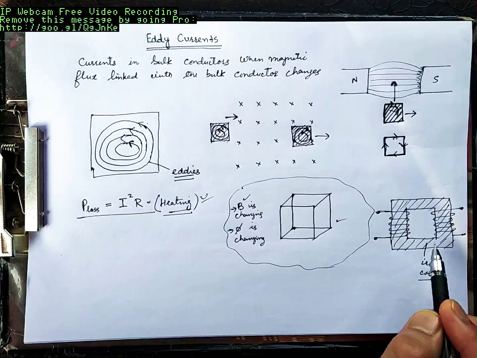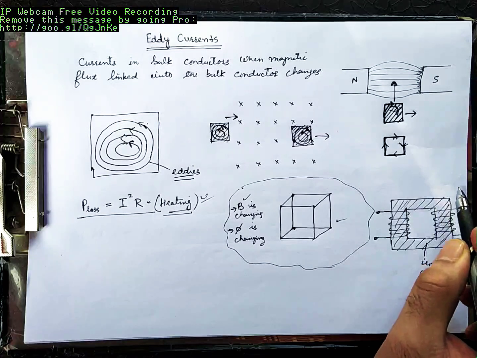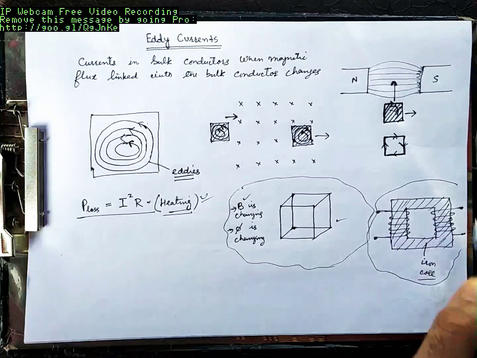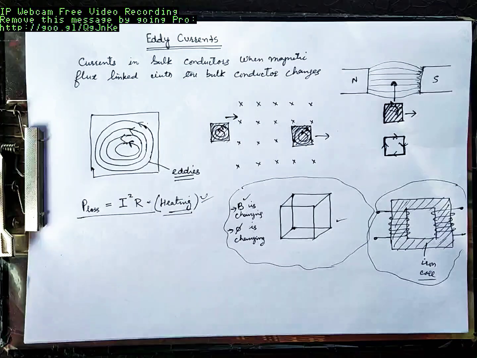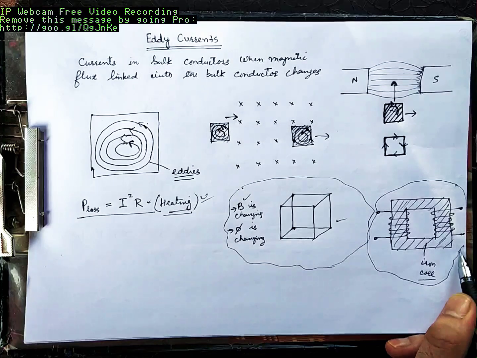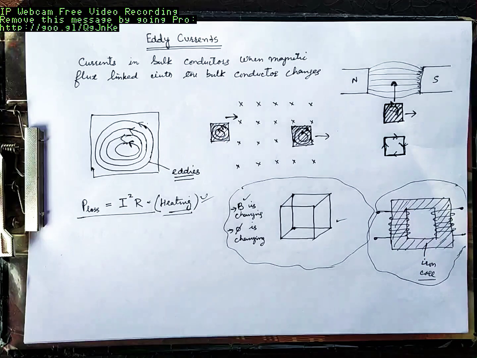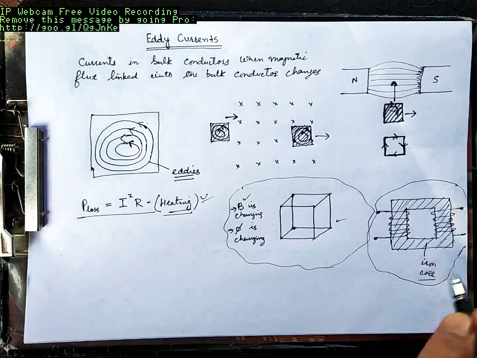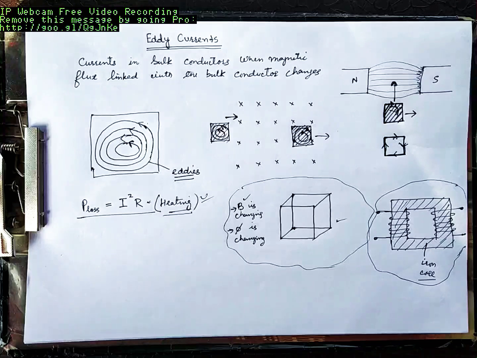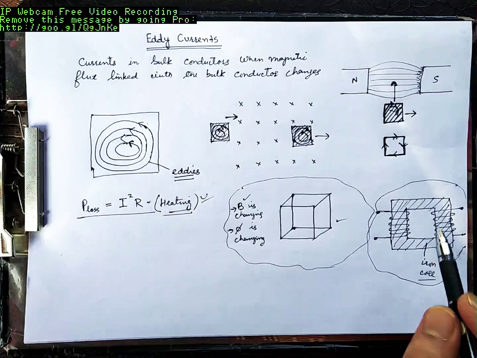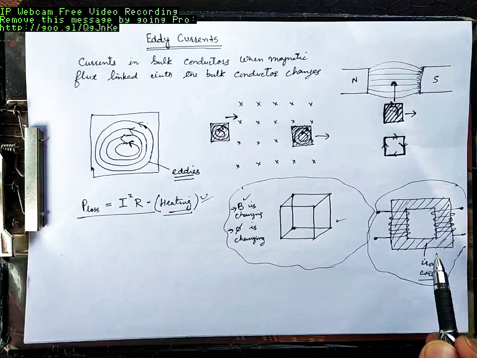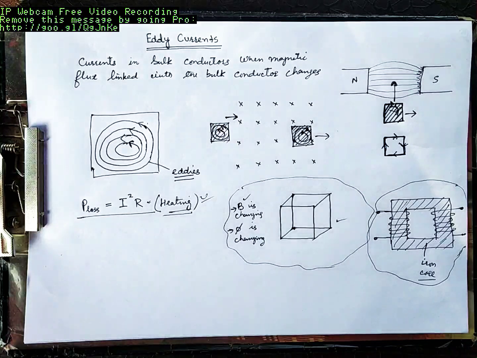When you use a transformer, this whole assembly produces a magnetic flux. That magnetic flux is changing because of alternating currents, and how does that happen? I will explain that in the next chapter. For the time being, you trust me. Whenever this transformer operates, there is a changing flux, a production of magnetic field which produces magnetic flux, and that flux is changing with time.